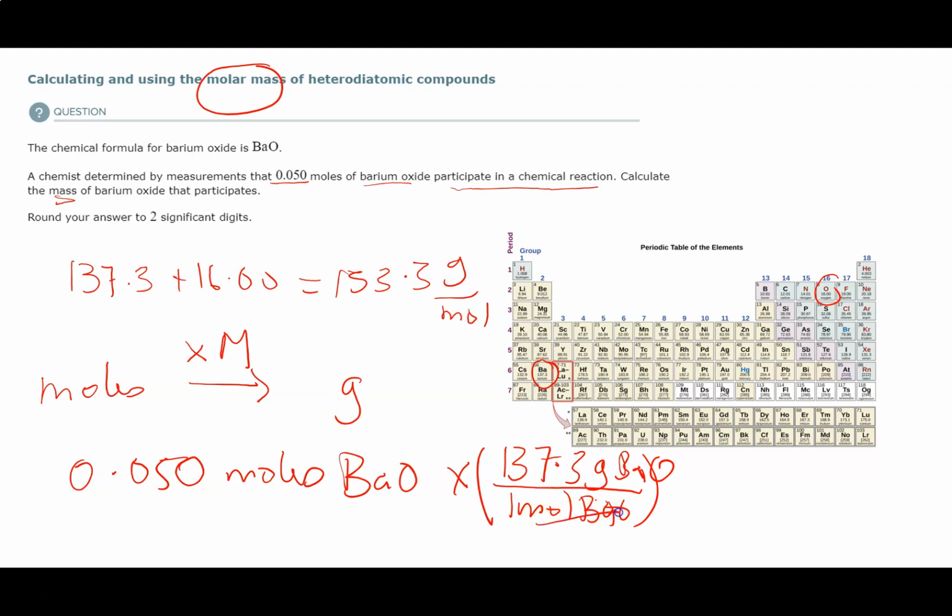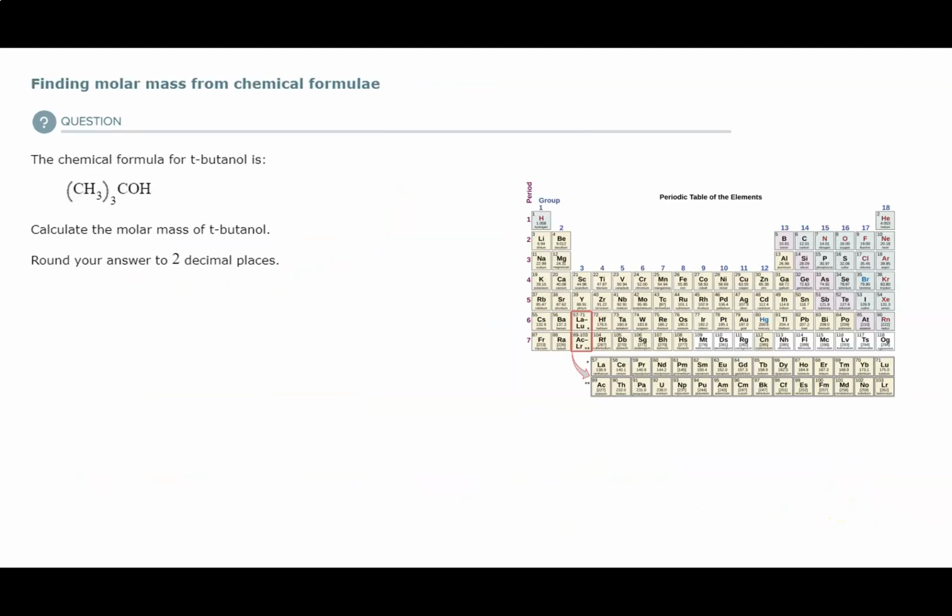Moles of barium oxide will cancel out, and there's my answer. So times 0.05, and we ended up with 7.665 grams, and we need to cut this off to 2 significant figures. So it's going to be 7.7 grams, because 6 is bigger than 5, so we're going to round up in this case.